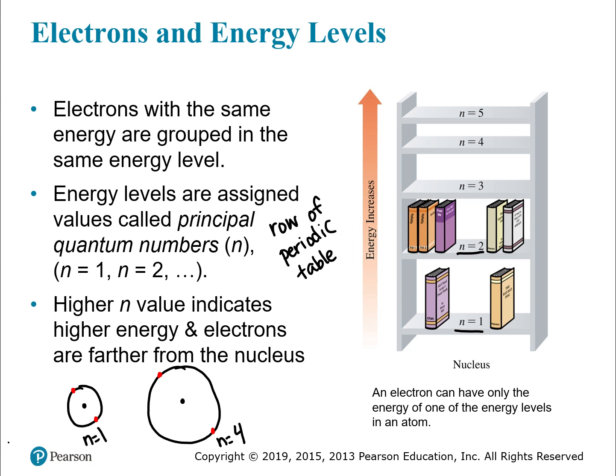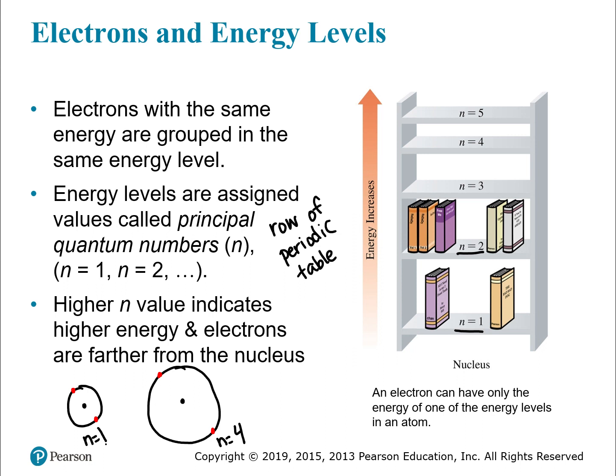Each n is associated with one period on the periodic table. So each row from 1 to 7 is an n, an energy level. And finally, the higher the n value, the higher energy that electron has to be there, and the farther away that electron is from the nucleus.